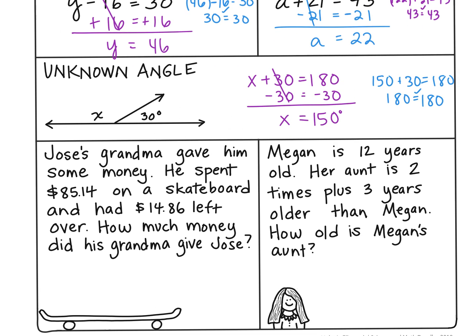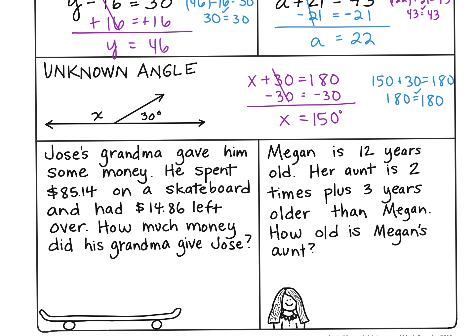Okay. Jose's grandma gave him some money. He spent $85.14 on a skateboard and had $14.86 left over. How much money did his grandma give Jose? Okay, so what might this look like? I've got a skateboard, I've got extra money, that equals however much money I started with.